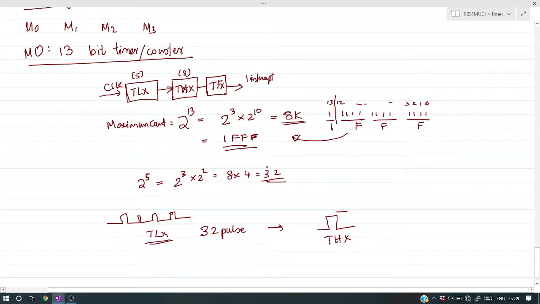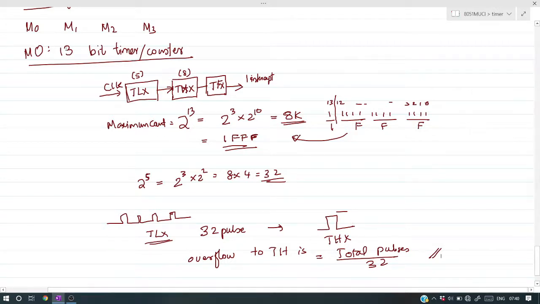In this way it is used to divide the given frequency by 32. So how can we find the overflow to TH? It is the total pulses coming from the clock divided by 32.